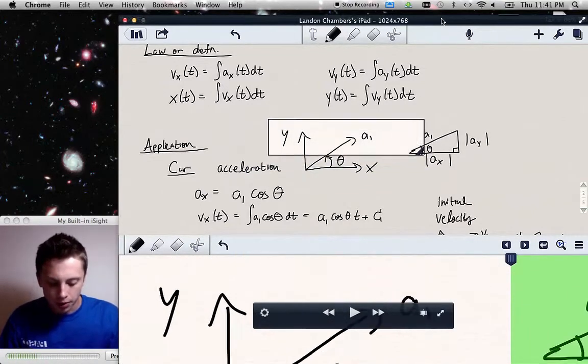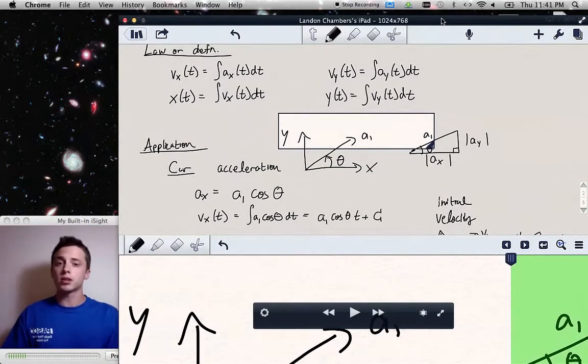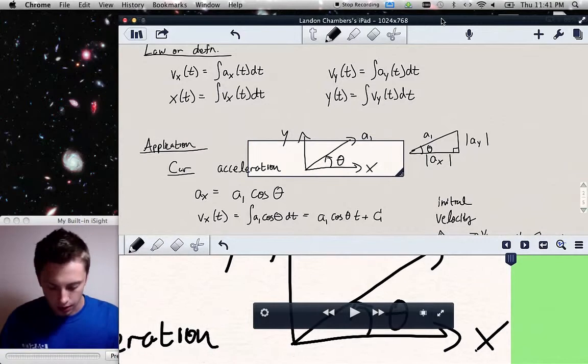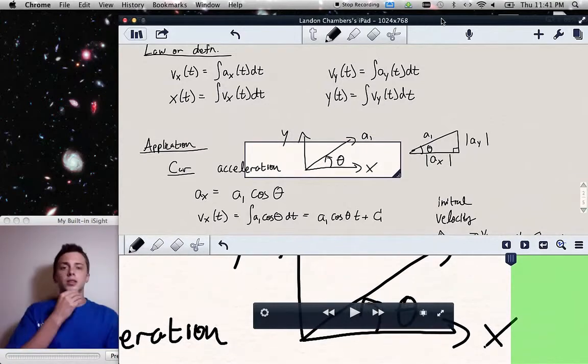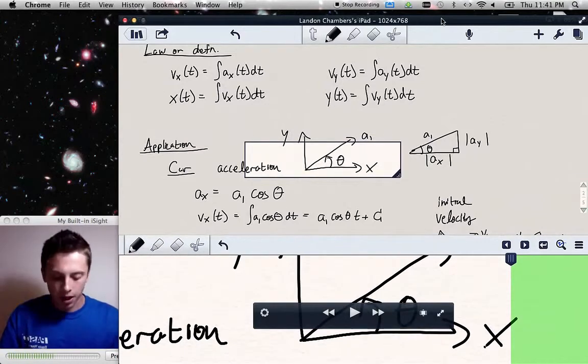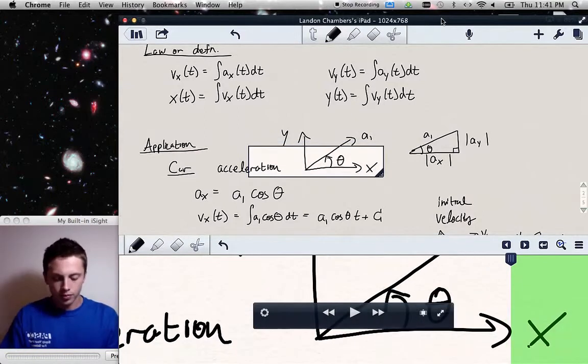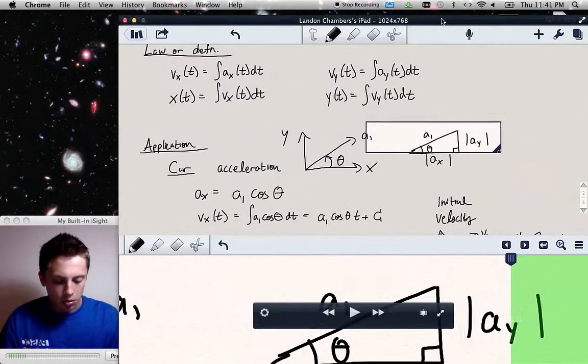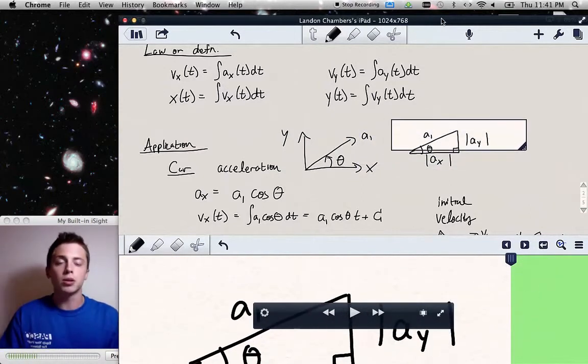So here's a picture of the acceleration vector with the given magnitude a1, all right, which is constant, and given that we're accelerating up the ramp, so at an angle theta. And from there, we can then draw a triangle, right, which will then give us the x and y components of acceleration.